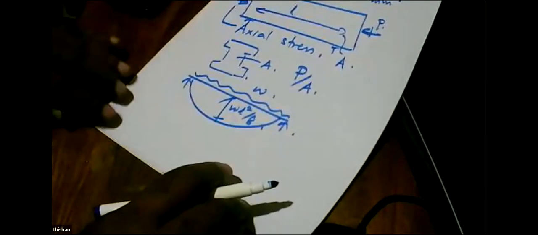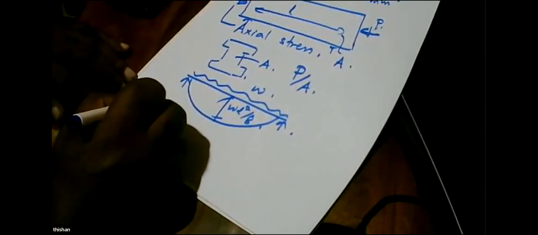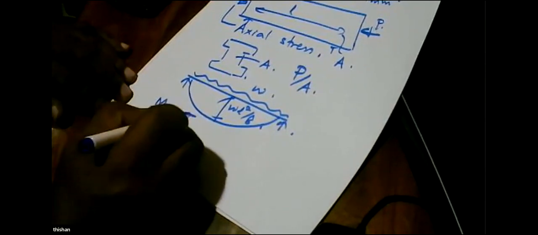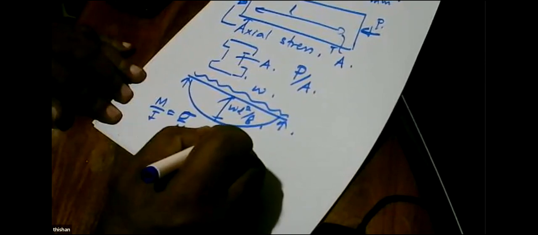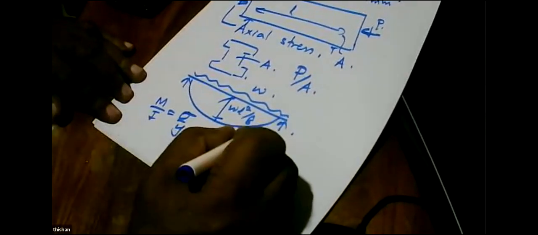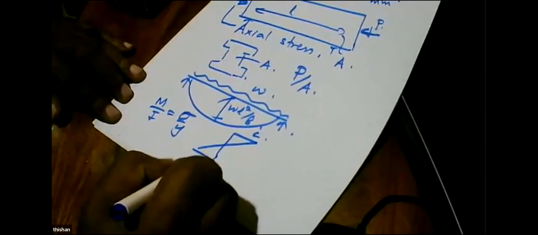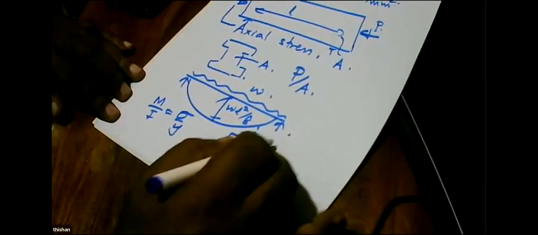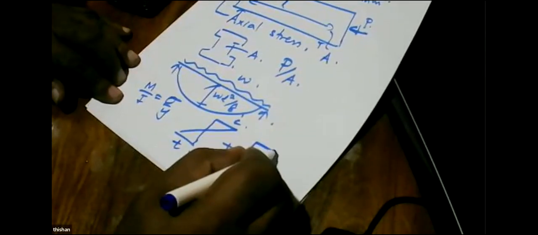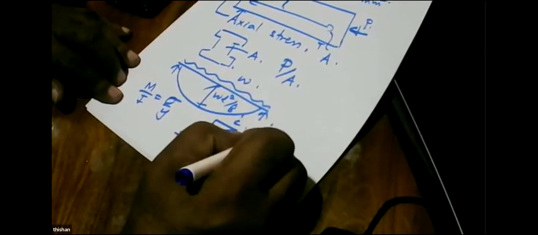This will give M over I is equal to sigma over Y, and we get a stress distribution like this, with this in compression, this in tension, and here due to the axial stress, we get another stress distribution like this.